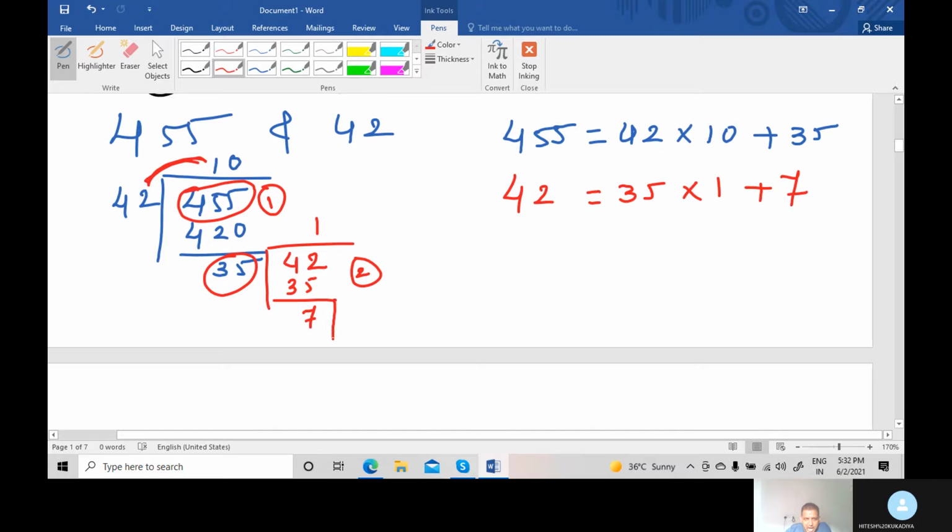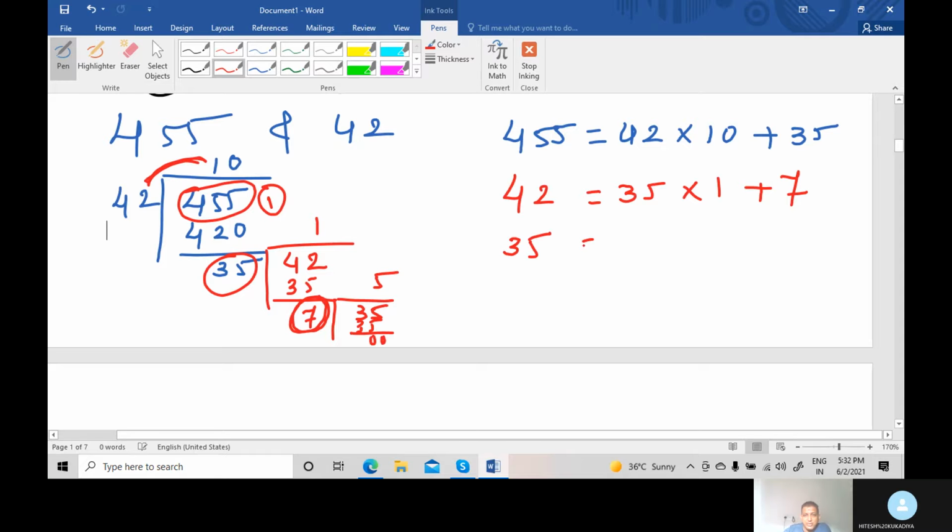Okay. Now write 35 here. Speak your table: 7 5s are 35, remainder 0. So when the remainder is 0, the last divisor is 7. When the remainder is 0, the last divisor is called the GCD, otherwise HCF.